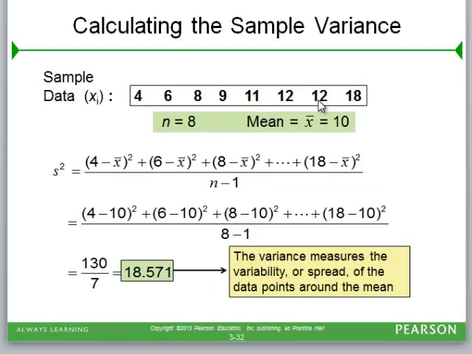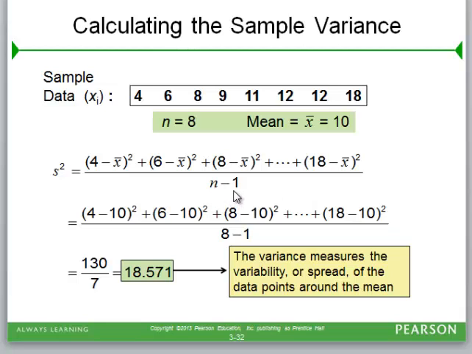Let's check an example. Here is a given data set. We have 8 numbers, and the mean x bar is, we sum all these values up, divided by 8, and we get 10. S squared, the sample variance, equals each value minus the mean: 4 minus x bar squared, plus 6 minus the mean squared, plus 8 minus the sample mean squared, plus, until the last number.